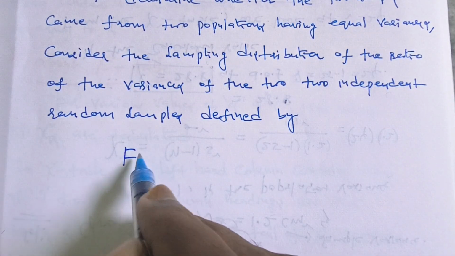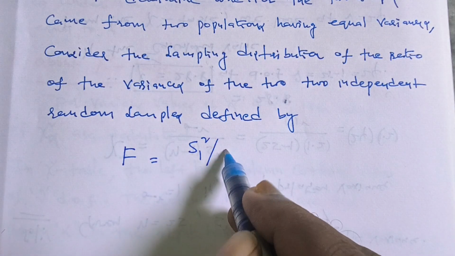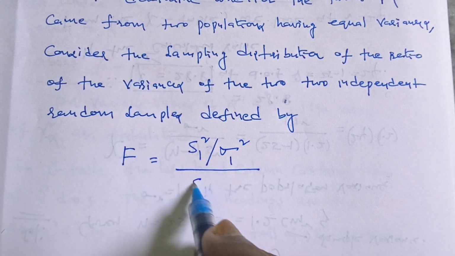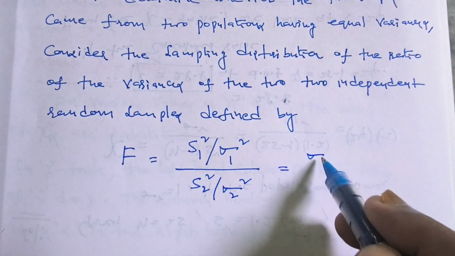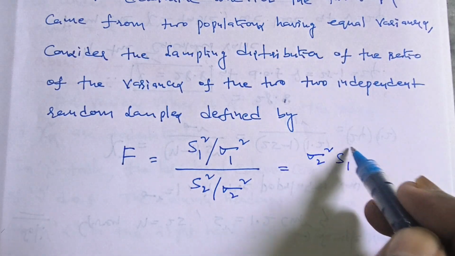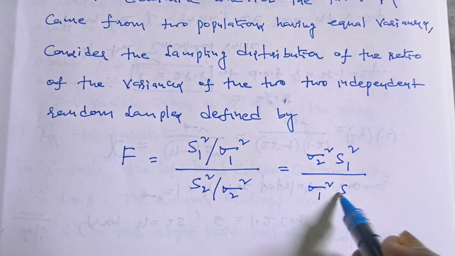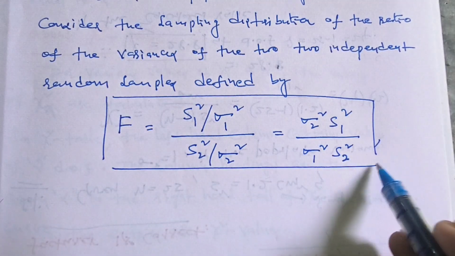capital F equals S1 square by sigma 1 square, whole by S2 square by sigma 2 square. So, numerator and denominator both have fractions. That's why we multiply crossly: sigma 2 square into S1 square by sigma 1 square into S2 square.